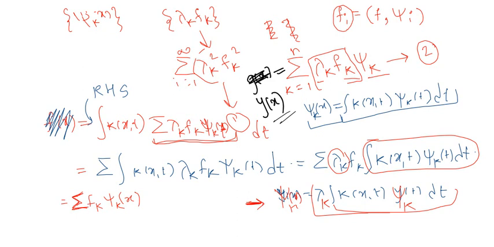Therefore, by the Hilbert-Schmidt theorem, this series is nothing but equal to f of x. So we have shown that this series 2 becomes the solution of that particular integral equation.